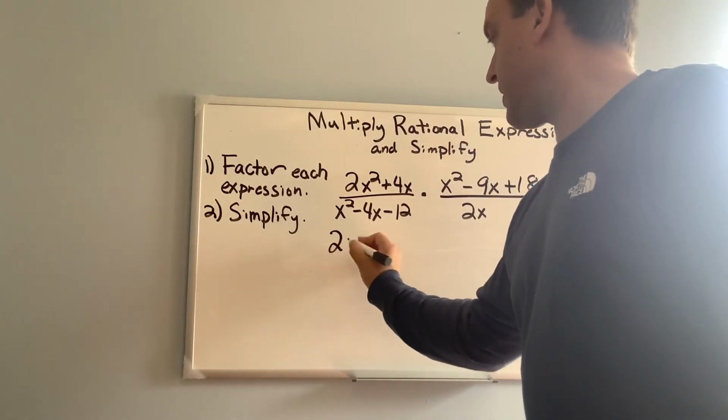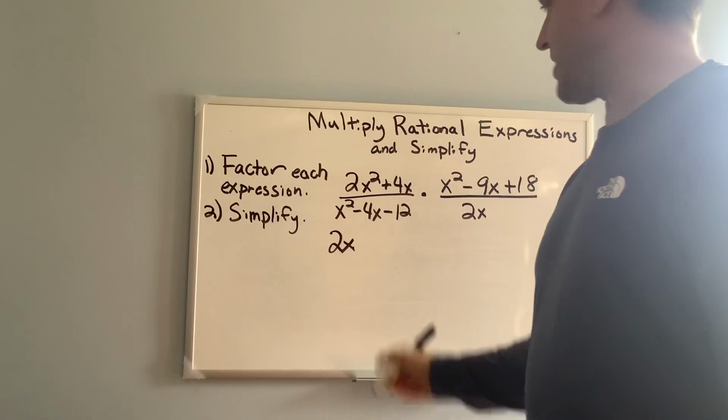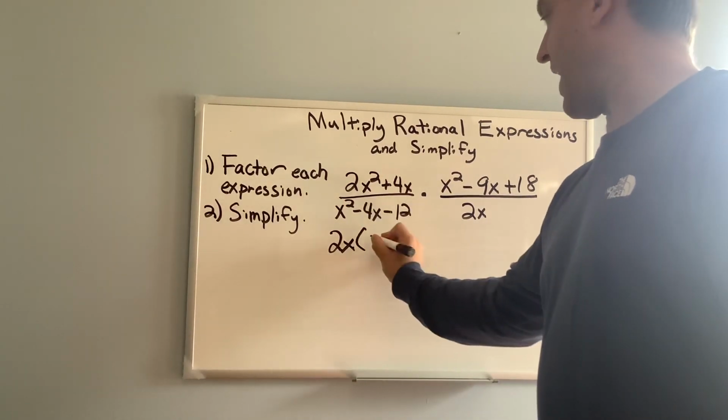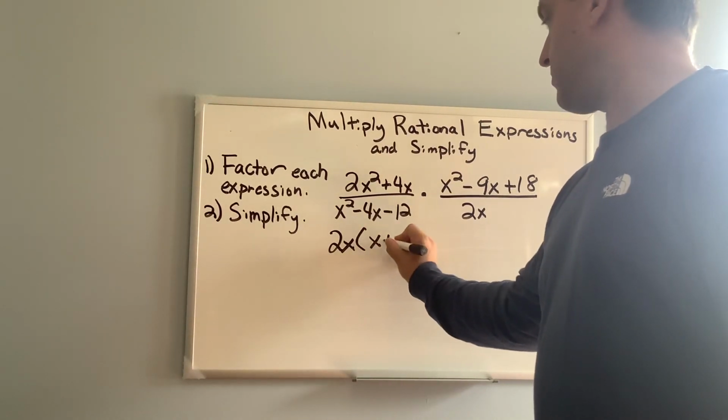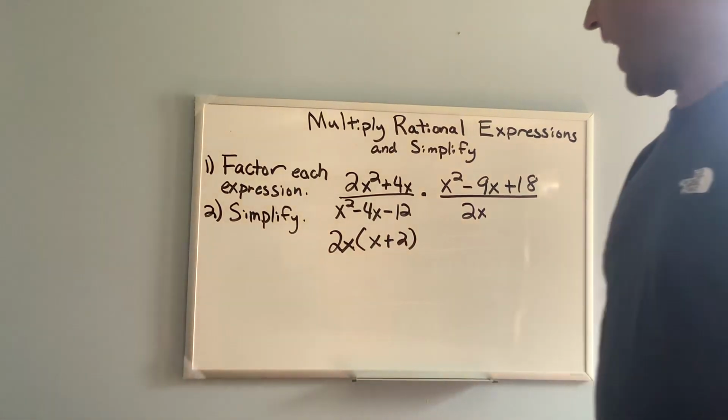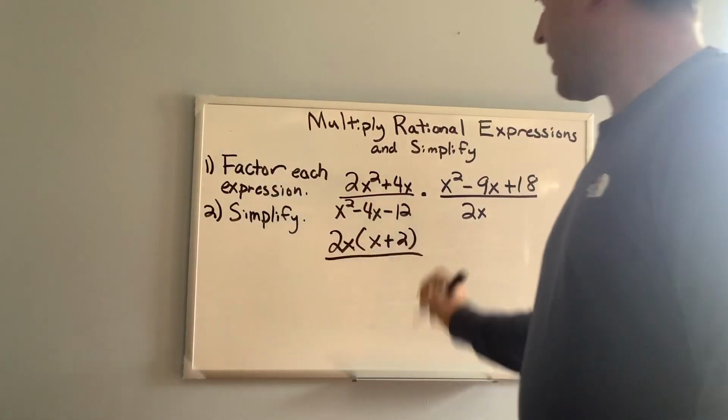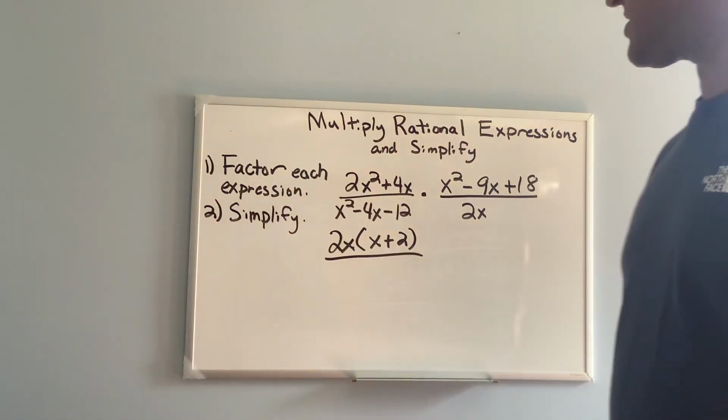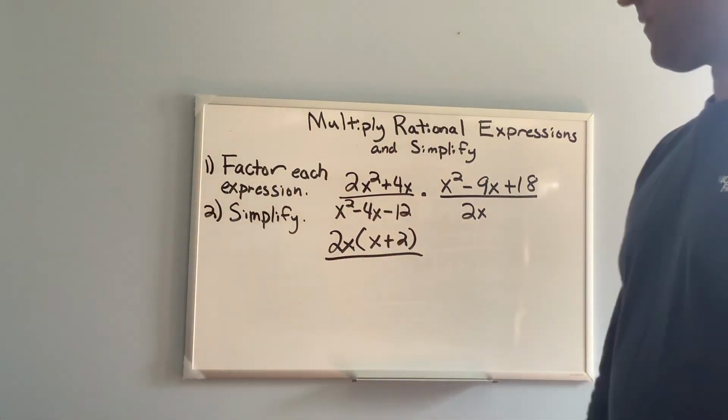So in factoring 2x out of the first expression, I would have x left and then plus 2. And then in the denominator, I have to factor x squared minus 4x minus 12.